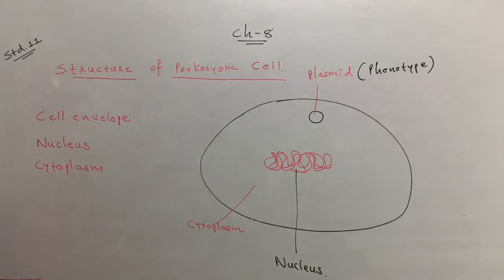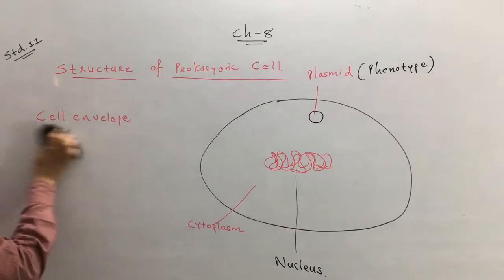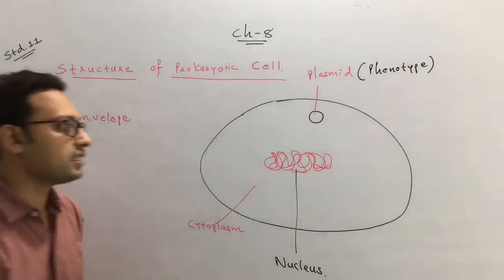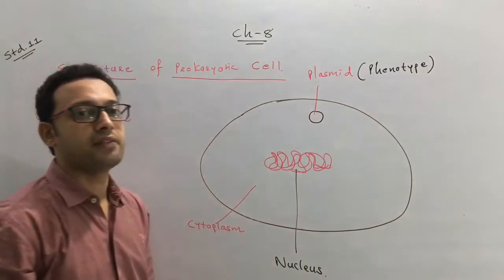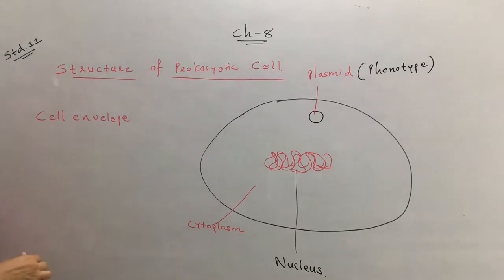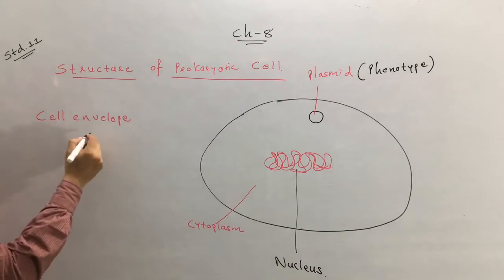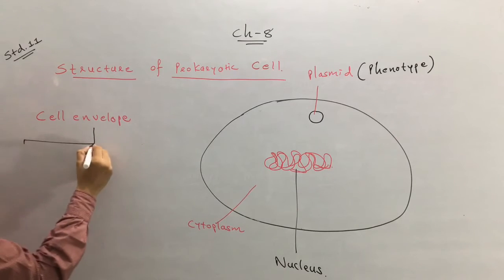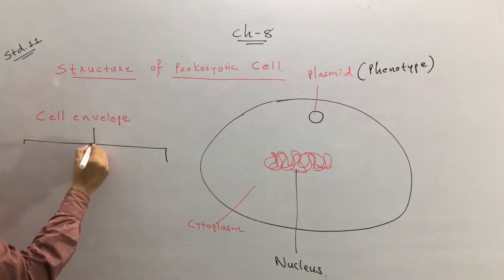The cell envelope means the covering or boundary that is surrounding a cell. This is a bacterial cell. This bacterial cell has 3 layers around it. Which are the 3 layers around the bacterial cell?